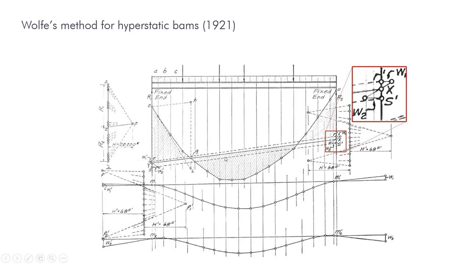And the fact is that you cannot decide what will be the balance of the two surfaces here. So what Wolfis is doing is that he will choose a first closing string to draw a first funicular polygon to integrate the system in a first deformation.